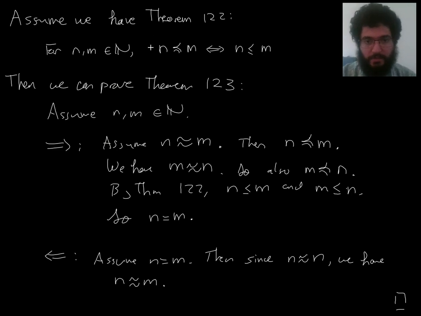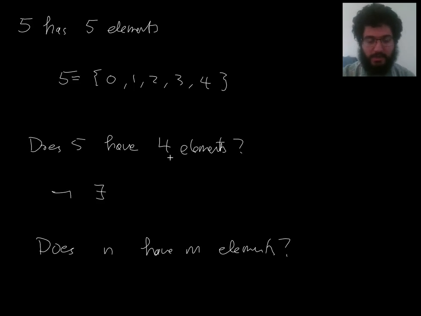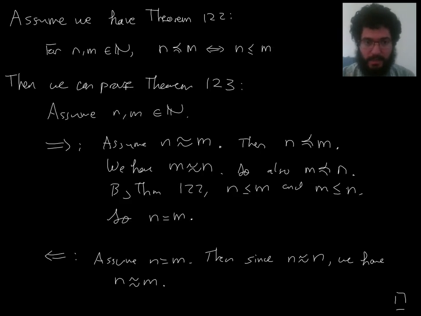And so if we can prove theorem 122, that the curvy less than or equal to symbol holds if and only if the solid one holds for natural numbers, then we will have a solid answer to these kinds of questions. Does 5 have 4 elements? Theorem 123 says 5 has 4 elements if and only if 5 equals 4.